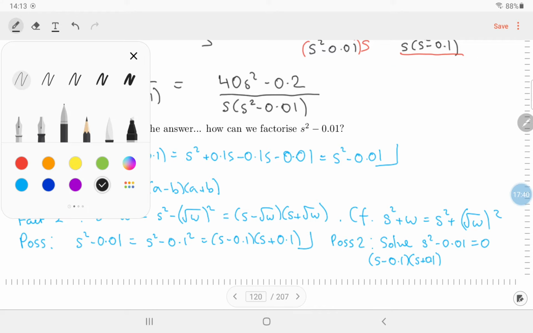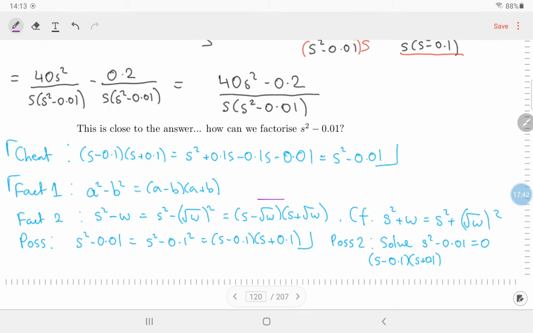We might just write in here that the square root of 0.01 is equal to 0.1. That can be compared with something you can't factorize, s squared plus something positive, which you write as s squared plus root omega squared. Another possibility is that you recognize that 0.01 is the square of 0.1 and use difference of squares.